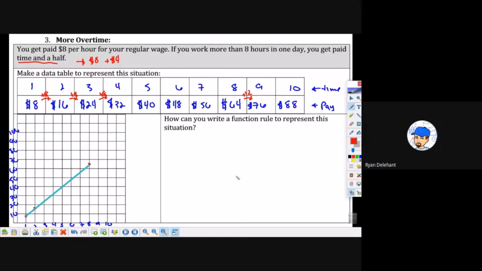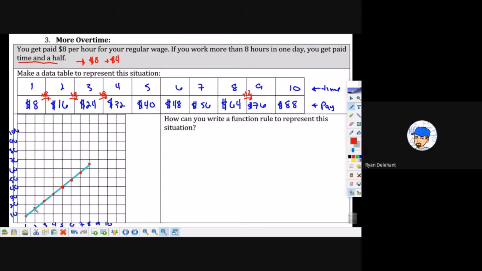And I can put them in now because 3 was 24. Then we ended up with 32, 40, 48, 56. I was pretty close with my slope.